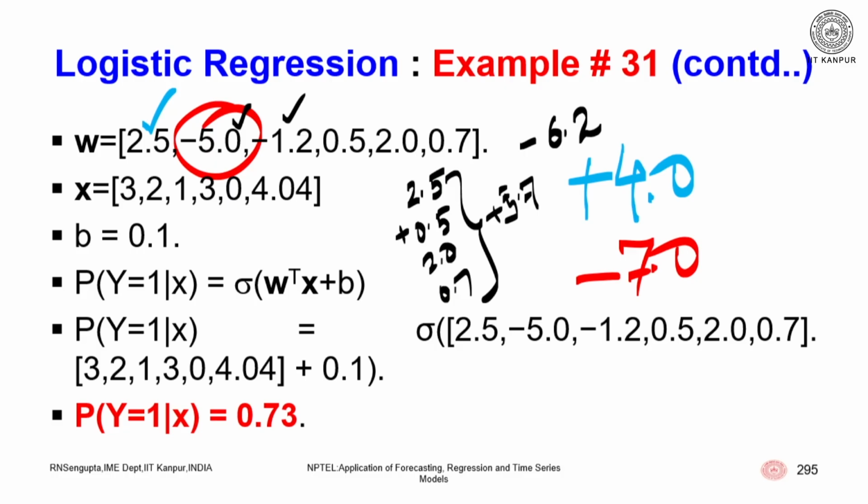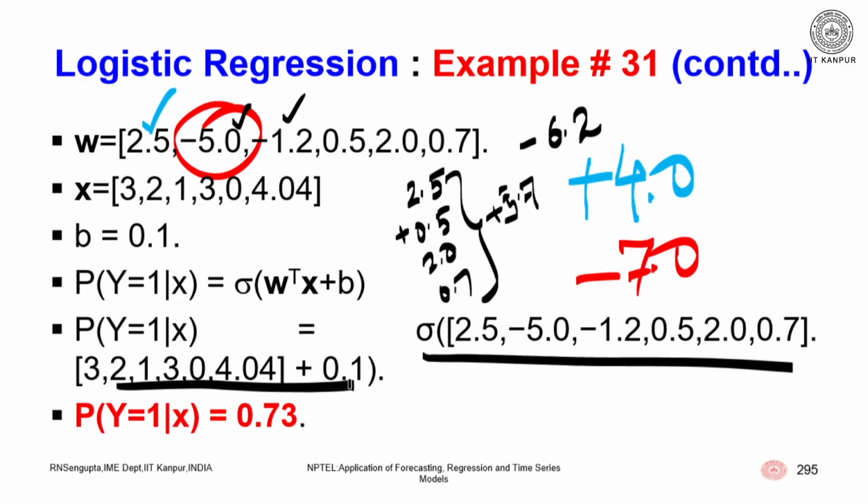The intercept value I am taking as 0.1, and based on that I assign the probability of y equal to 1 given these x values. When I put it in the sigmoid function, which you can do very simply using an Excel sheet, the value comes out to be 0.73. That means the probability of the positive notion, given the x concept, is 73%.